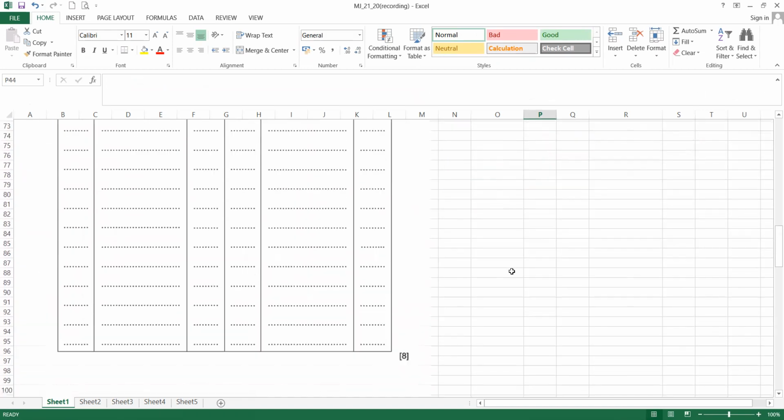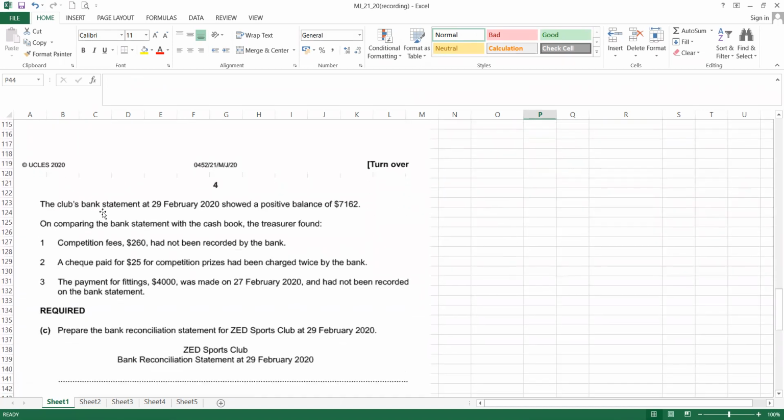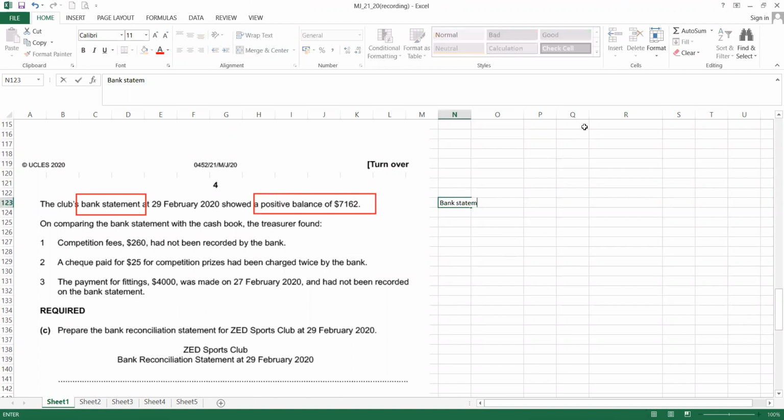Next, let's see what else they ask for. Okay, the club bank statement at 29 February 2020 shows a positive balance. When it shows a positive balance, this refers to the bank statement. Balance at 29 February 2020.